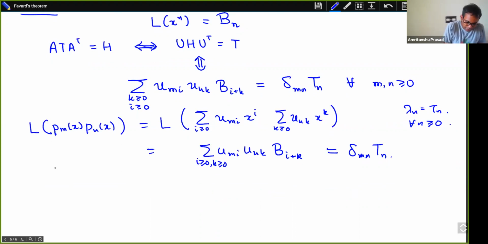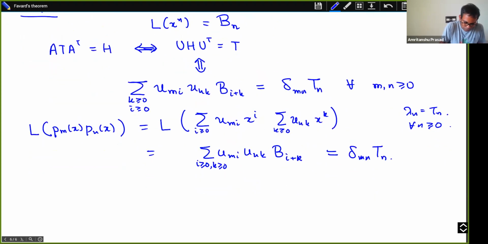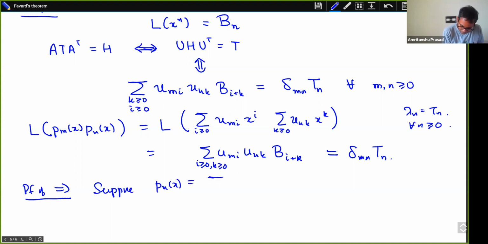And conversely, let's prove the other way. So now we need to prove, suppose P_n(x) equals the sum of u_nk x to the k, and L of x to the n equals b_n.